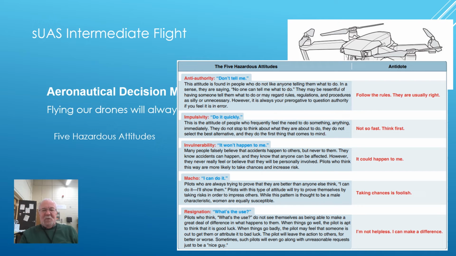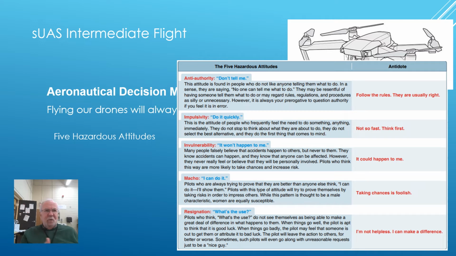So it's an old saying about the FAA, rules are written in blood. In other words, people died and they made that rule. So there's a purpose for nearly all of the rules, okay? If there's a purpose for all those rules, then when we see the rules, we should say, well, follow the rules, they're usually right. They're usually right because they were made because somebody got hurt.